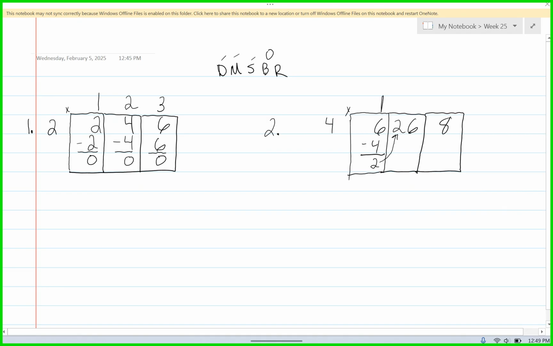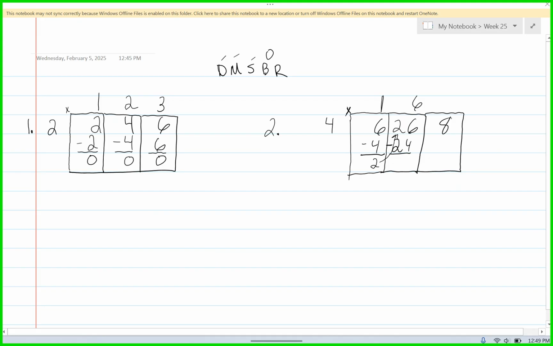Are you seeing it? Okay. Jimmy, seeing it? All right, so what times 4 will get us close to 26 without going over? Now we're back to dividing. What is it? 6, yeah. 6 times 4 is 24, and then we're going to subtract.